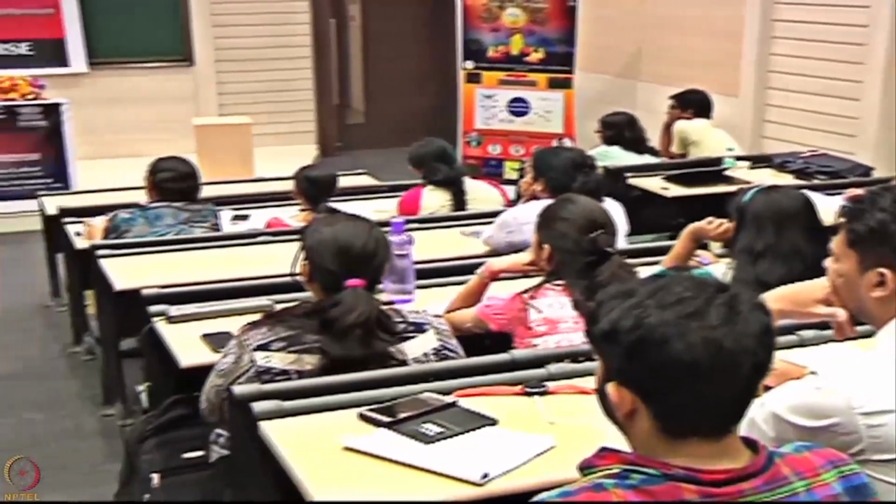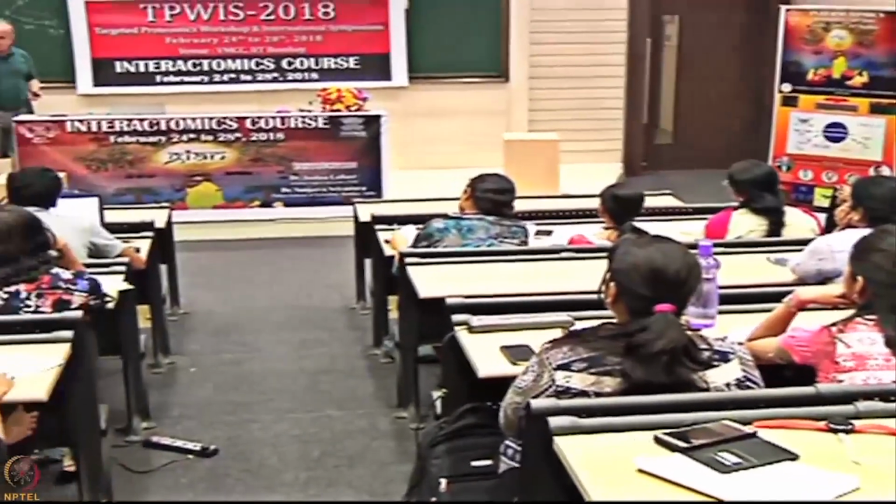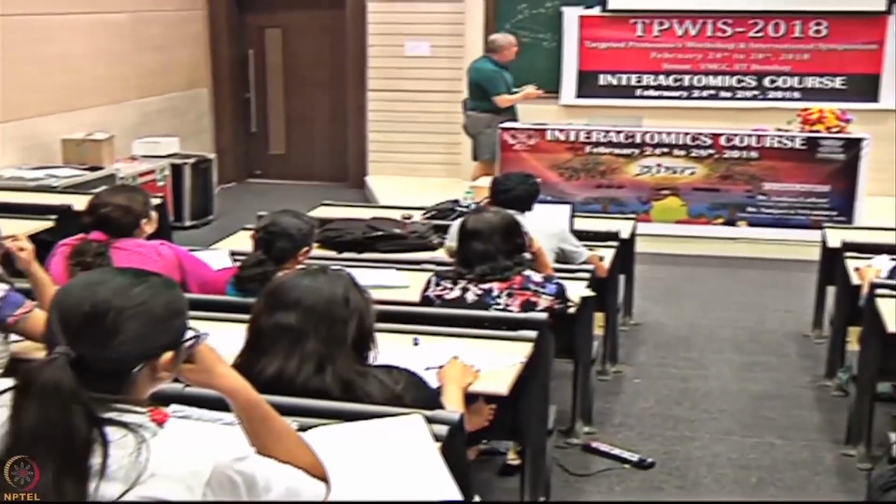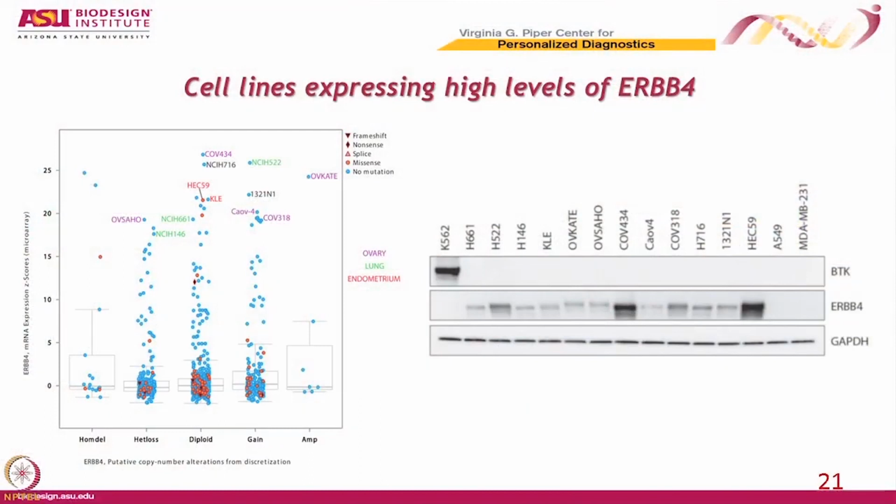Okay. So it takes a little time when you do your experiments, you have to think about them a little bit and make sure you're doing them in a logical way. So that's what we did. We searched the CCLE, a website that has thousands of cell lines and their gene expression labeled. And we scanned all those data, specifically searching for cell lines that had high levels of ErbB4 and low levels of BTK.